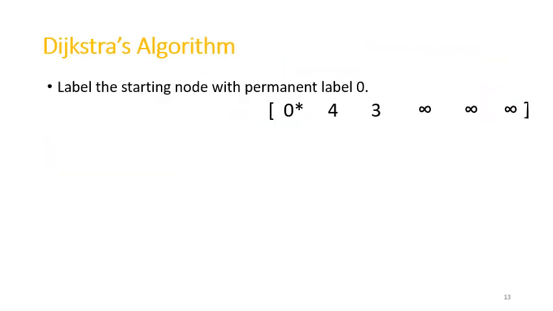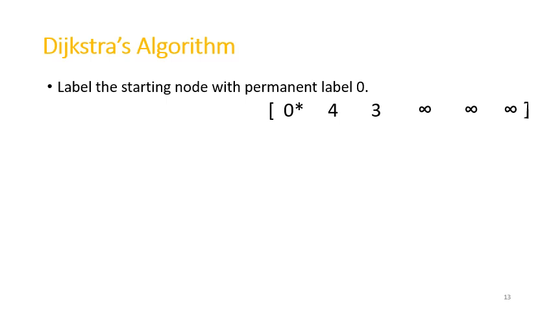Now let's see the formal steps of the algorithm. I like to start with the example because for me, after seeing the example, it usually makes more sense to look at these formal definitions of each step in the algorithm.